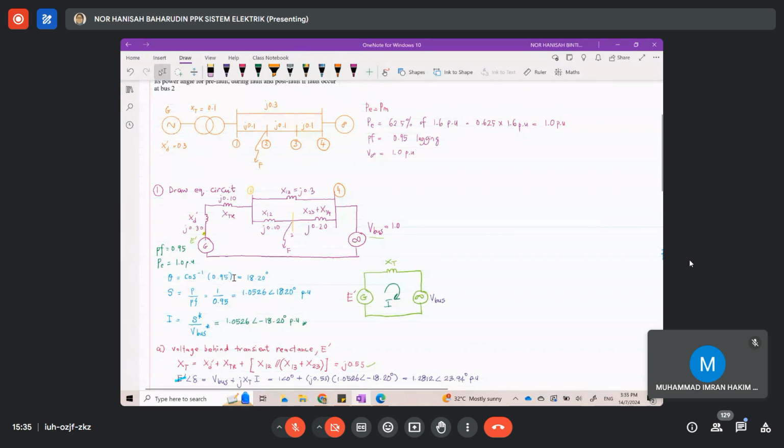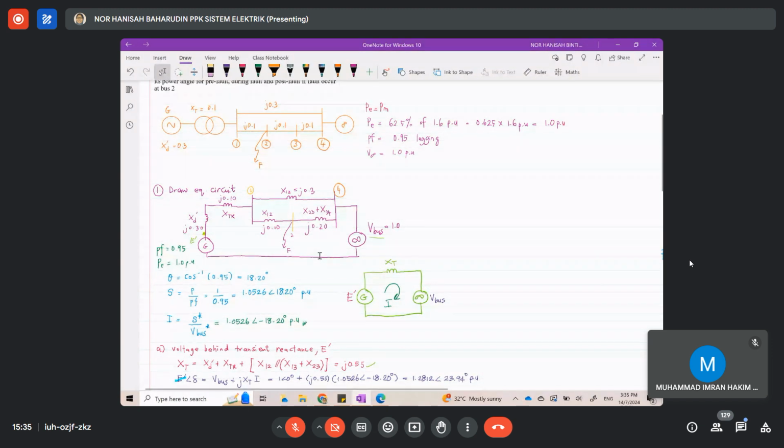Again, the same thing, student. First, redraw the equivalent circuit, which is 0.3, 0.1. The transmission line reactance is 0.3 for lines 1-2 and 0.4, and again 0.1, 0.2.